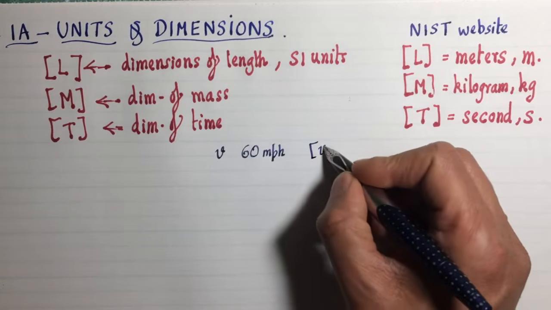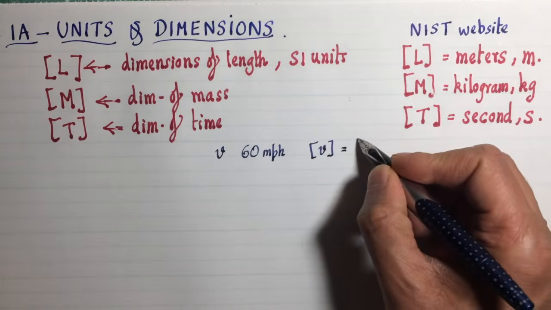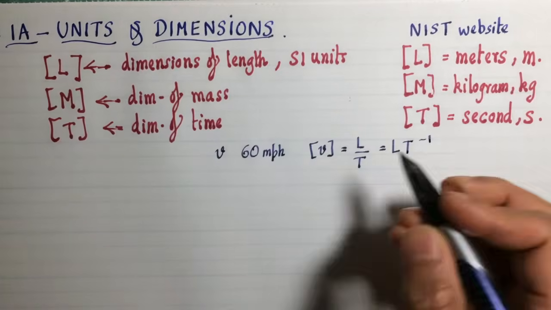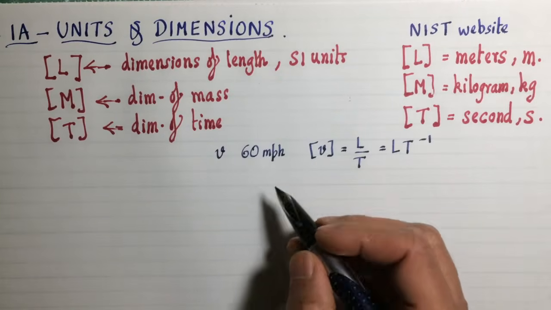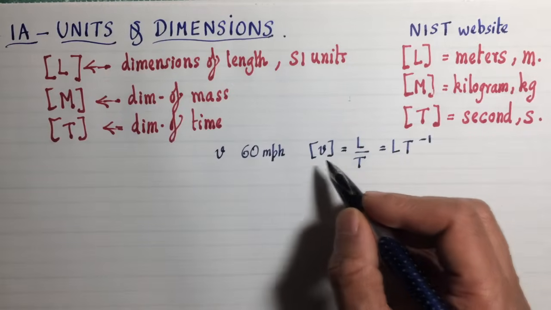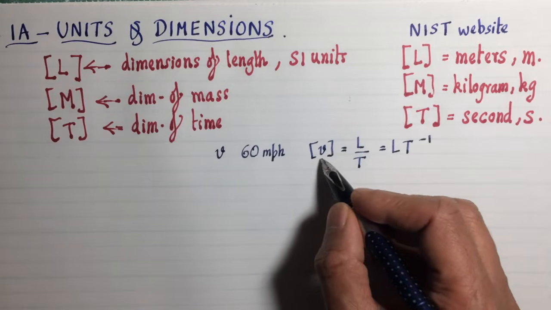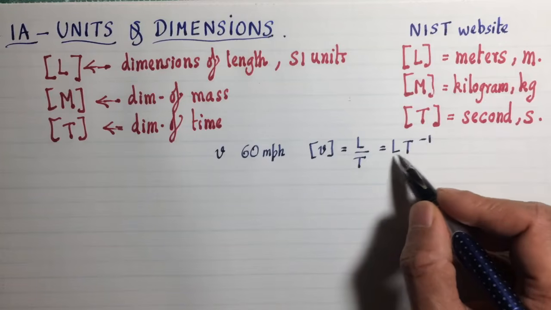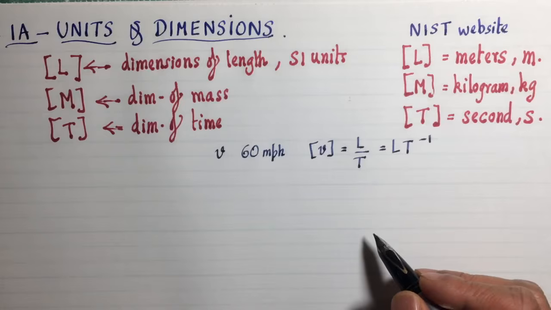So the units of V are going to be L over T, written as LT minus 1. And now you notice that I write the dimensions of L as just L, because I'm more concerned with the units of V here than with L. So I occasionally omit the parenthesis and simply write it as LT minus 1.